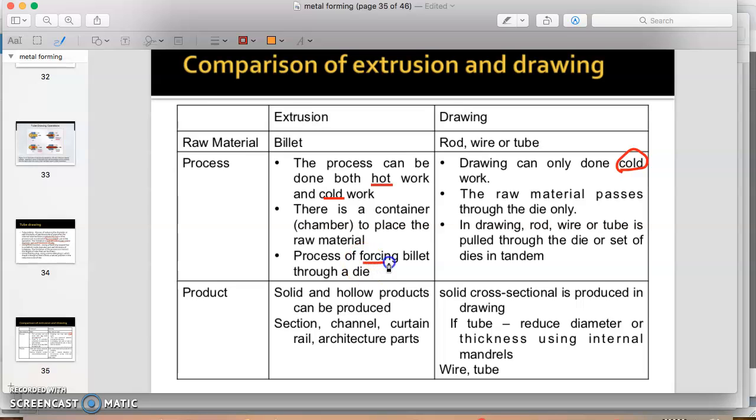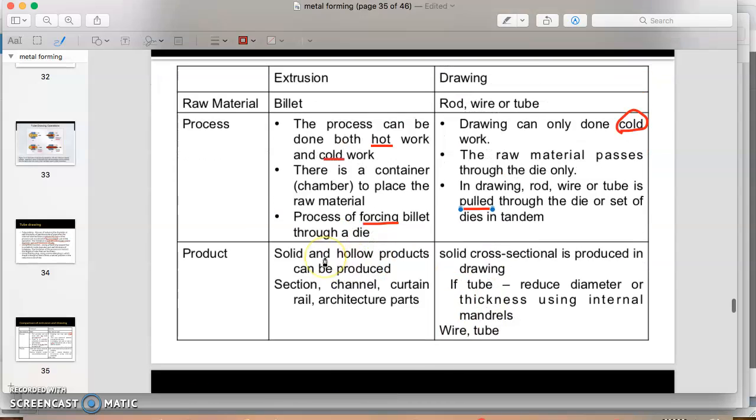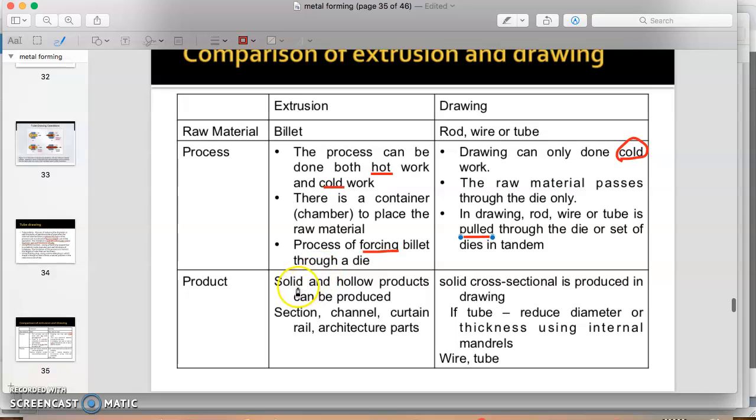So the keyword is forcing for extrusion, and for drawing the keyword is pulling. We pull the raw material from the die. For the product, extrusion can produce solid and hollow products, and drawing also gives a solid product and also tube.